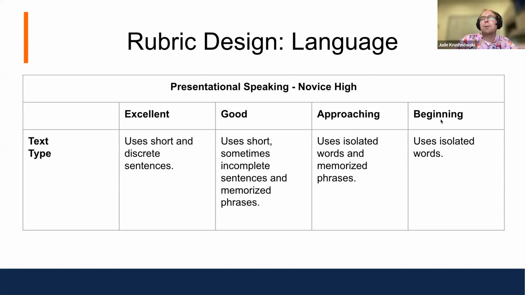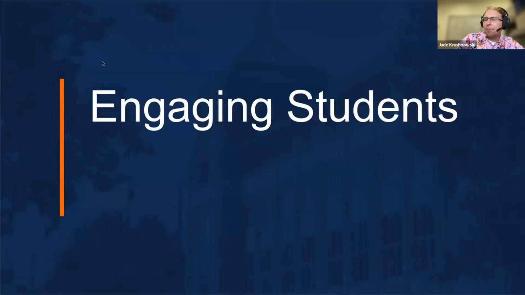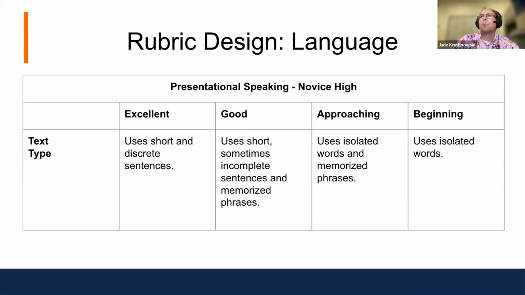And then finally at the beginning level, just isolated words, so not even phrases. This is an example of what clear language would look like across those different levels, so that students know what we're expecting of them and we're clearly communicating it. So we want to be mindful of that language when we're putting together our rubrics.